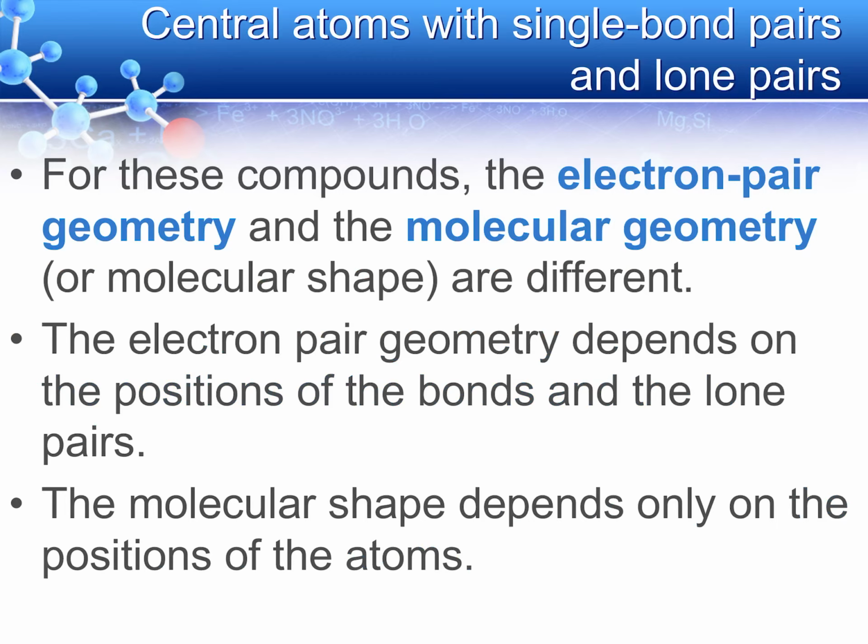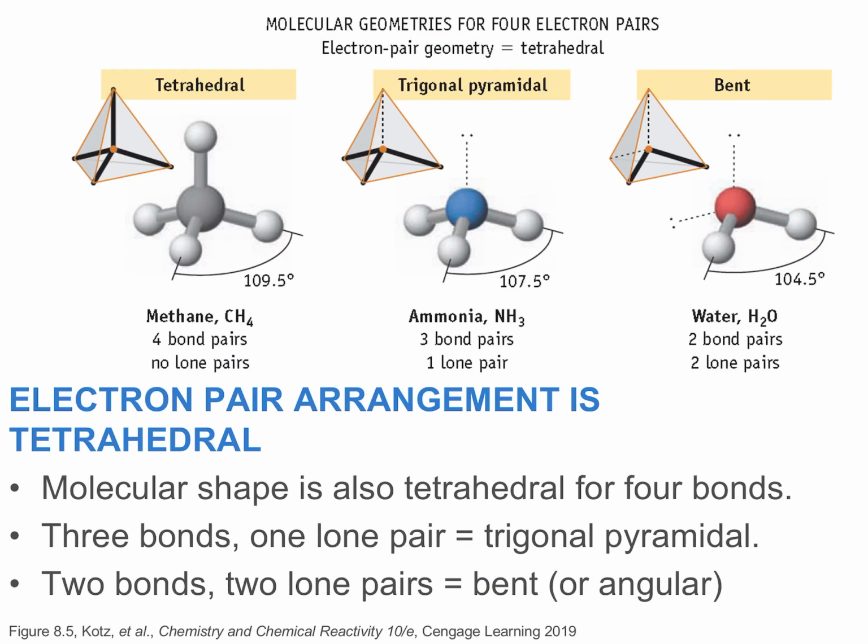But if we have central atoms with single bonds and lone pairs, then the electron pair geometry and the molecular geometry, or molecular shape, are going to be different. The electron pair geometry depends on the positions of the bonds and the lone pairs, but the molecular shape depends only on the positions of the atoms. We can look at these examples.